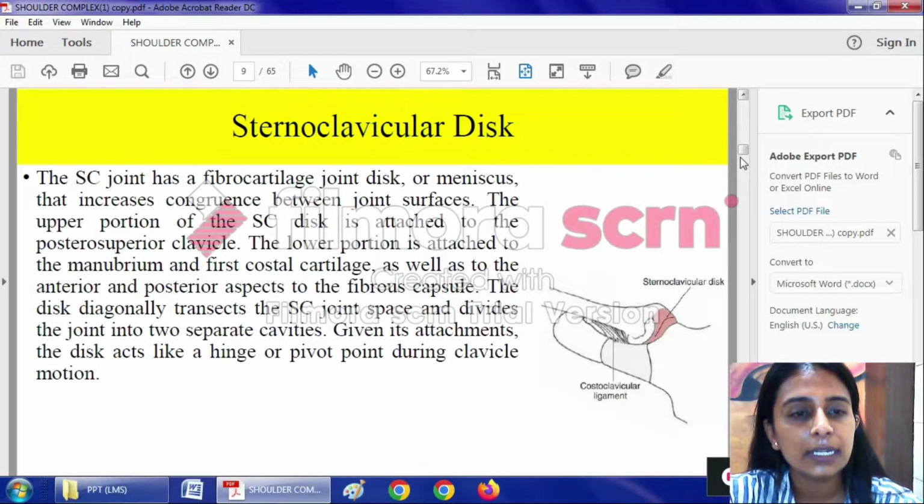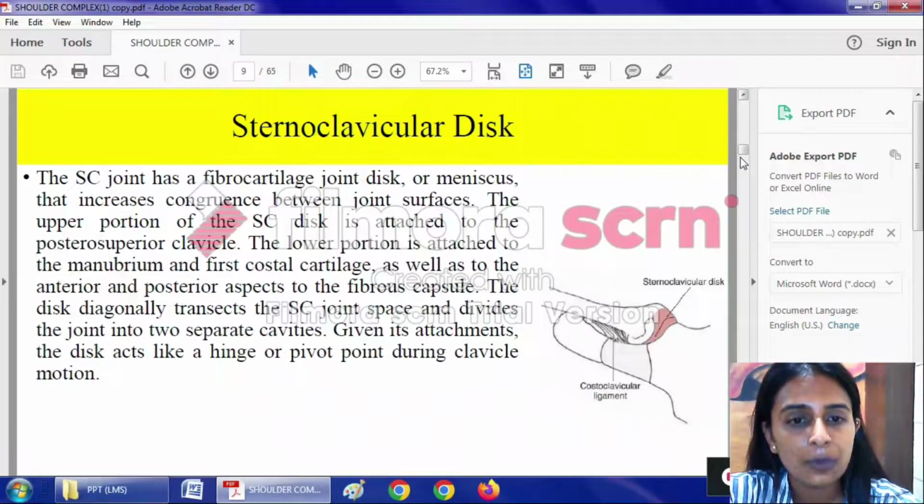Now, sternoclavicular disc. The sternoclavicular joint has a fibrous joint disc or meniscus that increases congruence between joint surfaces. The upper portion of the SC disc is attached to the posterior superior clavicle.